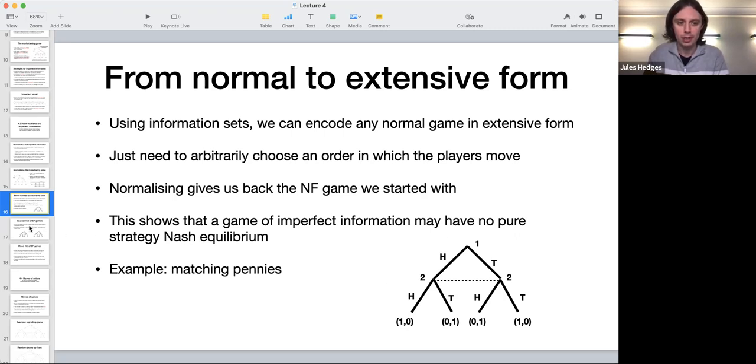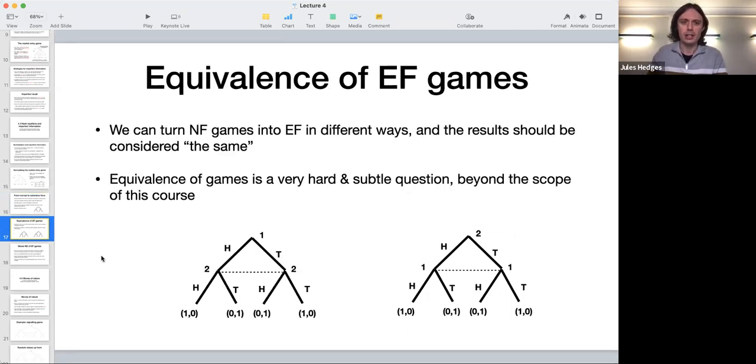There's a bit of a subtlety. There's a big question of what it actually means for 2 different games to be the same. This is a very big and difficult question. It's completely outside the scope of this course, but it's a simple question to understand. What it means for 2 things to be the same can in general be a hard question, and for games it's particularly difficult.